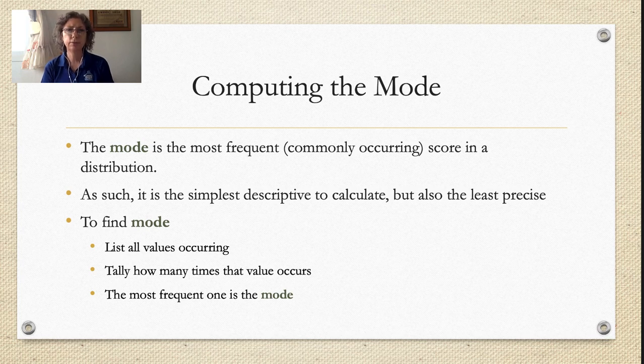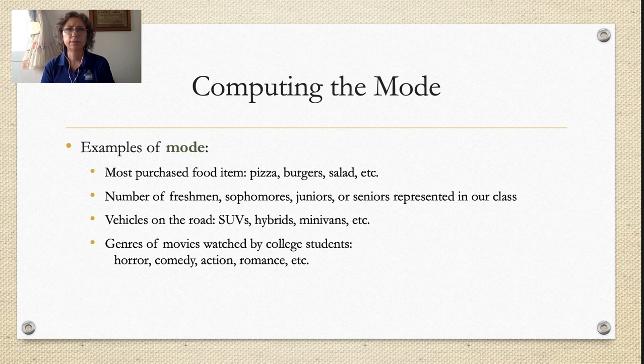To find the mode, you list all the values and you tally how many times that value occurs. And the most frequent one is the mode. Some examples.